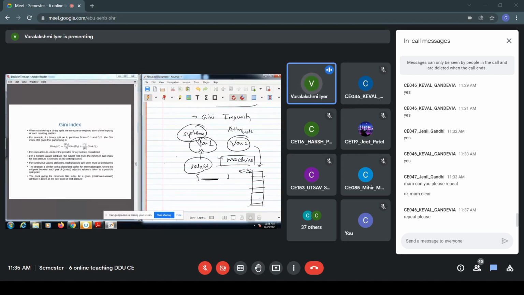For example, the first threshold is 32, the second threshold is 45, the third threshold is suppose 38 or something like that. It will choose different subsets of the attribute values to split your data. And whichever subset gives the minimum impurity will be chosen to split your data.